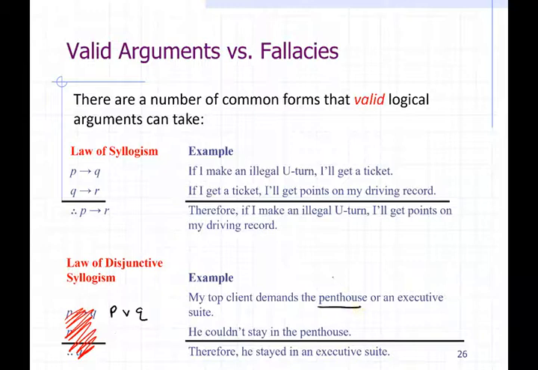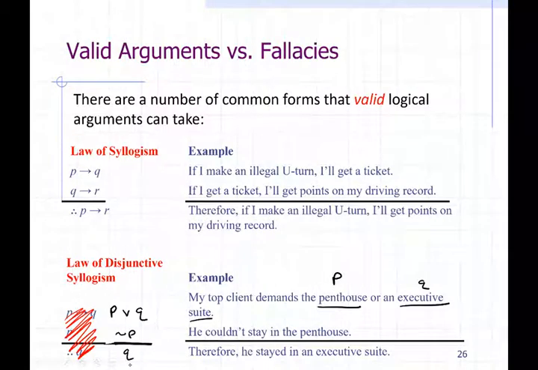So if penthouse is P and executive suite is Q, so P or Q, and he couldn't stay in the penthouse, so that's not P. Therefore, Q. So P or Q must be true. If P is not true, then Q must be true. So he demands either the penthouse or the executive suite. He couldn't stay in the penthouse, therefore he stayed in the executive suite. This is an example of the law of disjunctive syllogism.